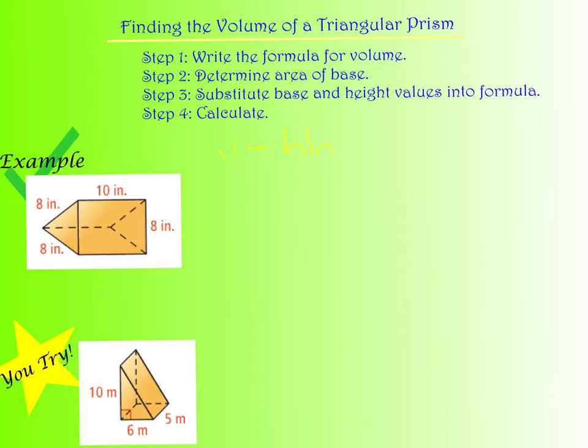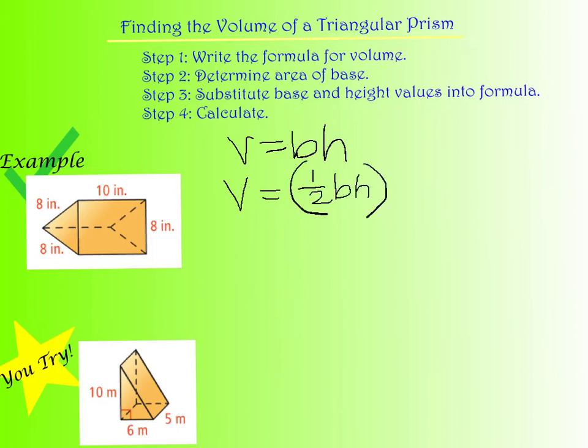Volume is equal to base times height. Now the base is a triangle, and area of a triangle is going to be 1/2 base times height.